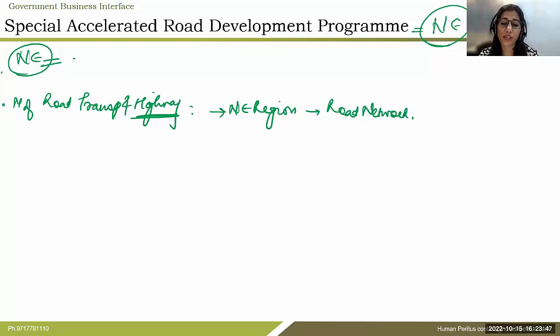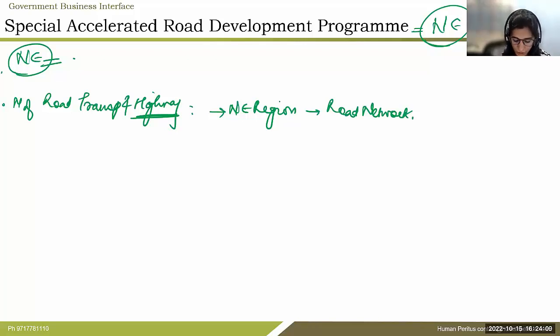So it was conceived by the Ministry of Road Transport that there should be a policy and a program so that a road network is built, making it easy for people outside the northeastern region and within it to commute and travel easily in that area.